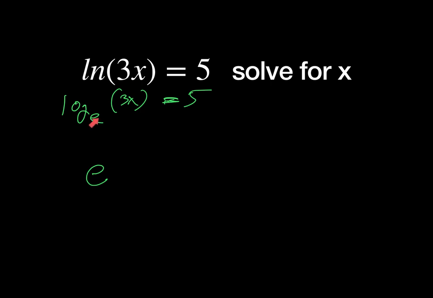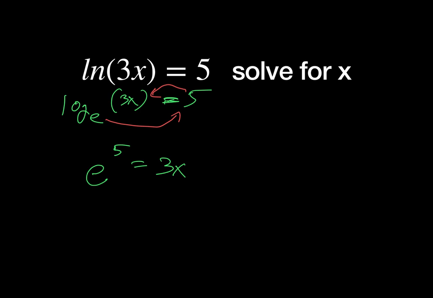What's the process? e to the 5 equals 3x. It's always that same process: base, and what's on the other side of the equal sign of a logarithm is the exponent.